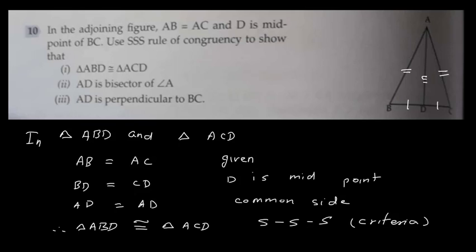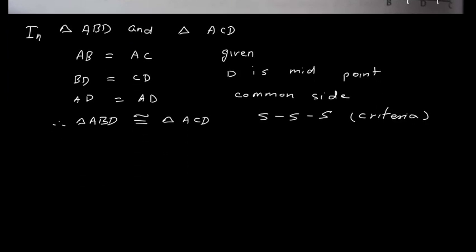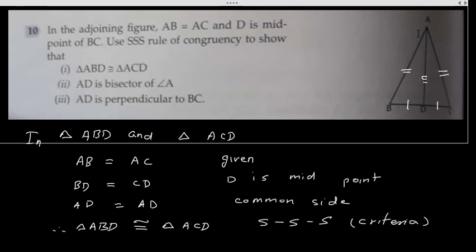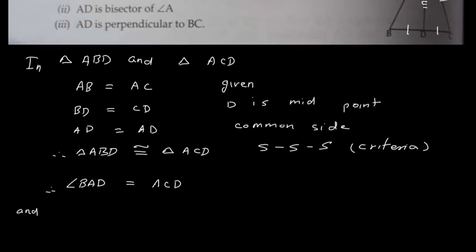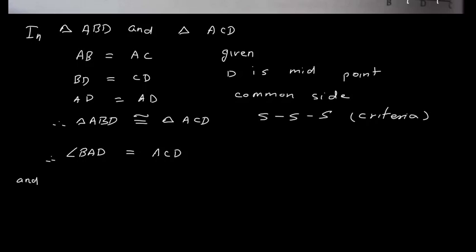So therefore angle BAD is equal to angle CAD, and angle ADB is equal to angle ADC.